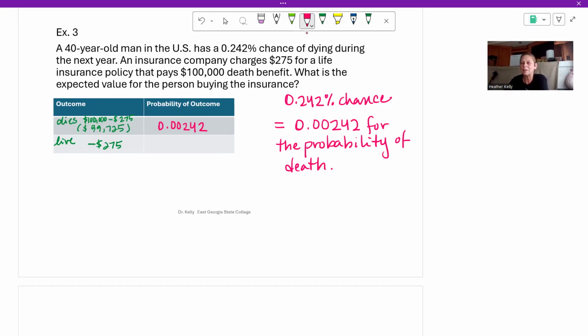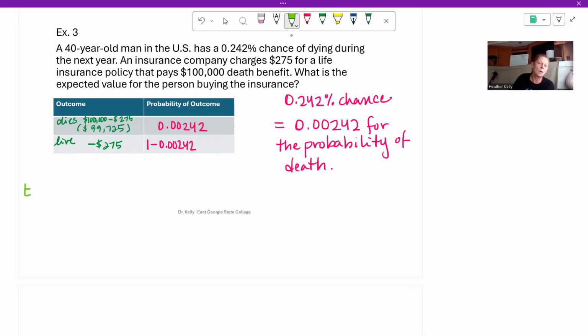Okay, well, what is the probability that you live? It is the complement of dying, right? So this is going to be 1 minus 0.00242. So let's put it all together here.